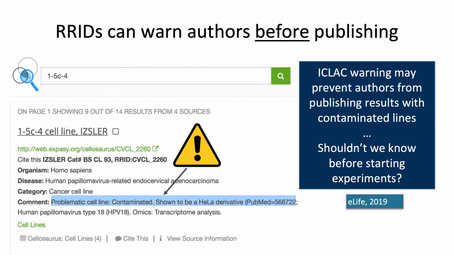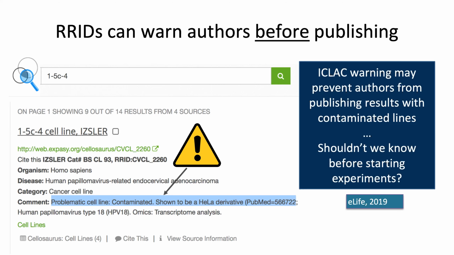So, for example, if you do have to find an RRID earlier on in the process, you will actually get information about problematic cell lines, or potential issues with an antibody or with a software tool. And so basically, these warnings are great in terms of publishing requirements, because that is one place where we definitely want to know if cell lines or antibodies have issues before they're put out in the published literature.